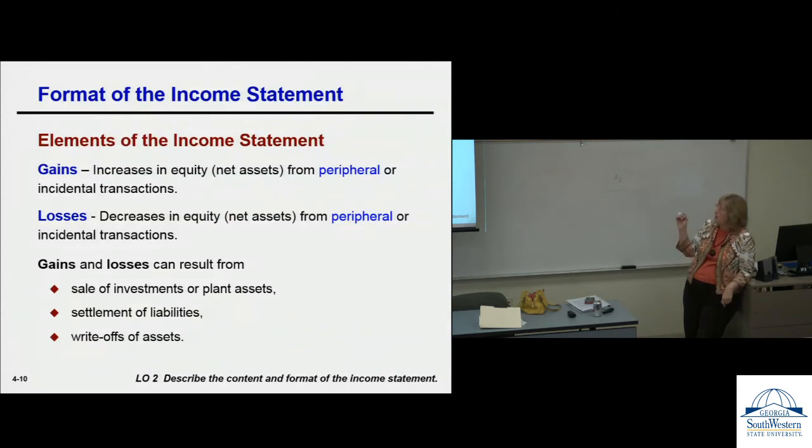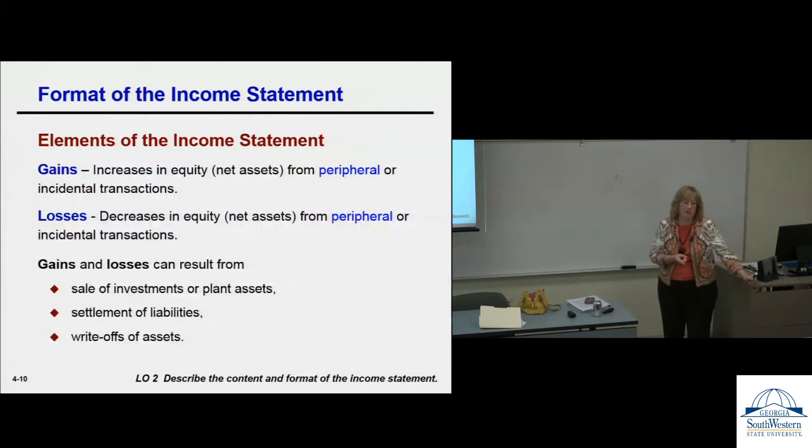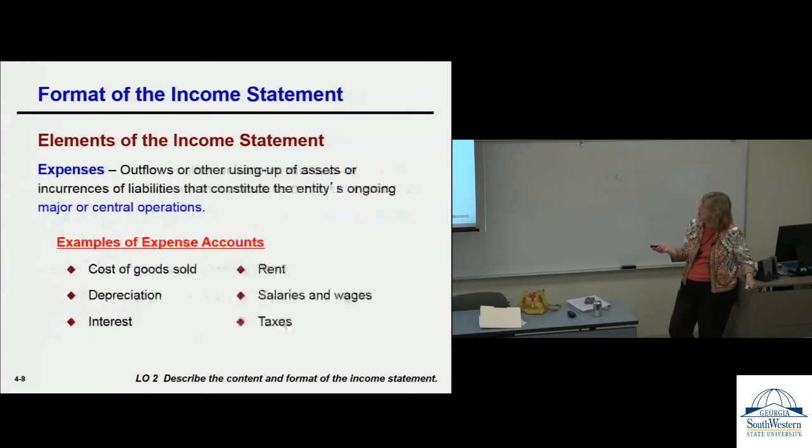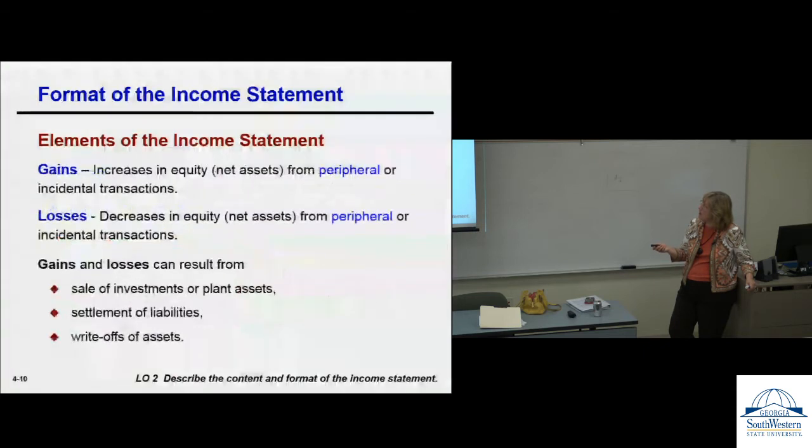And the ones that pertain to the income statement are revenues. Let's see if we have a slide on this. We really don't have a slide, but let's just name them. Revenues. And what's the thing that's kind of similar to revenues, but it's not revenues? Gains, okay?